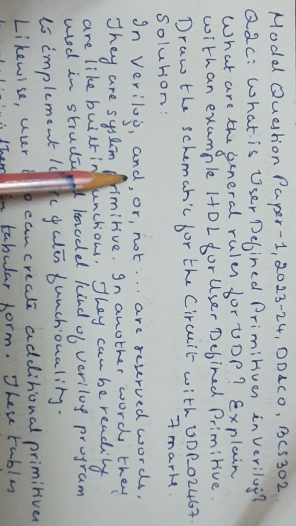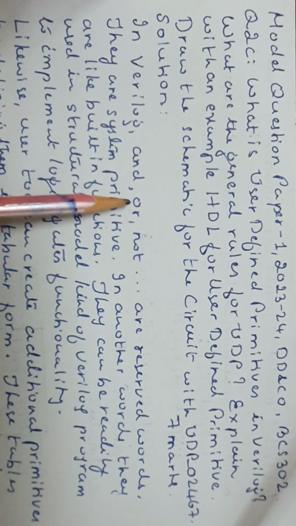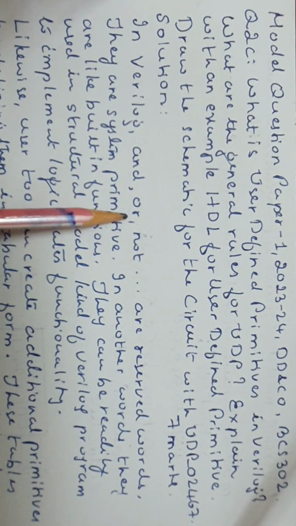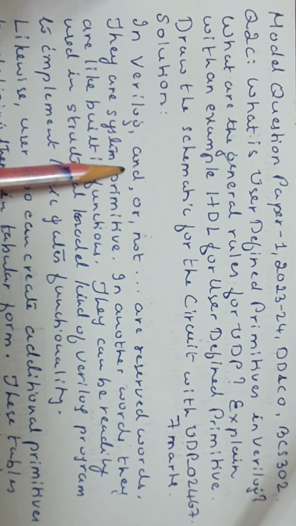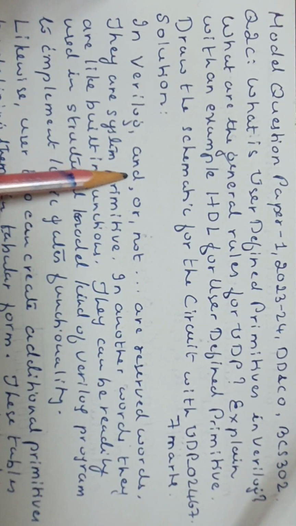For a 2 input AND gate, we write and, then space, the name of the gate, which is optional, G1, in bracket F, comma, A, comma, B, bracket complete, semicolon. If we write it this way using the system primitive, we have created one AND gate with F as the output, and A and B as the inputs.